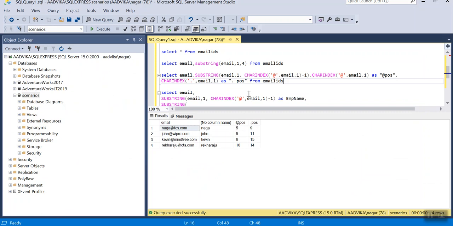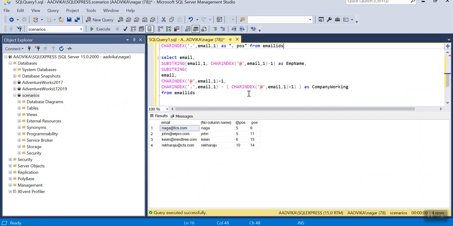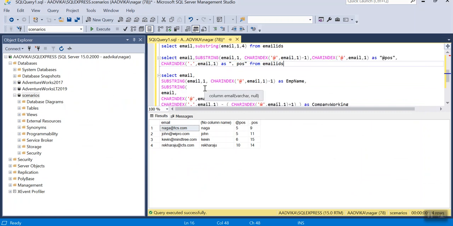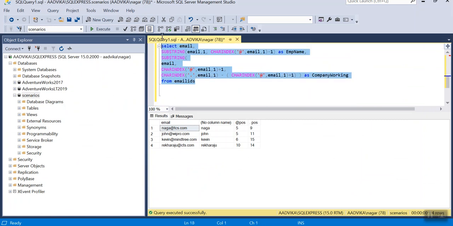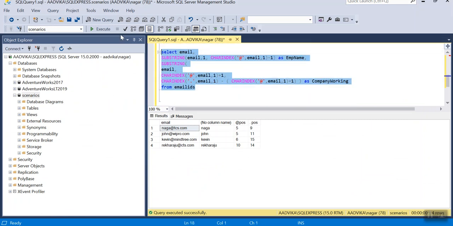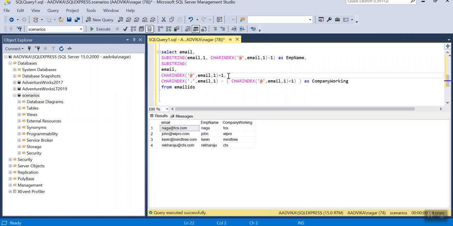Let's go and see. If you execute this, this line you need to understand as employee name.